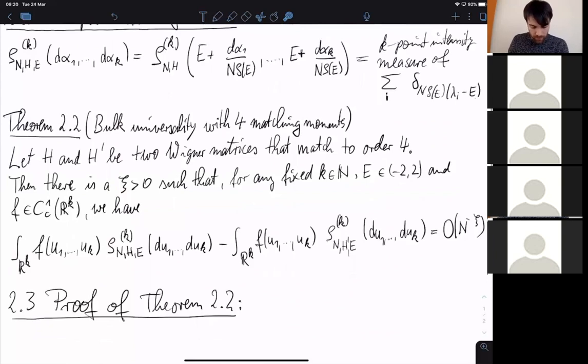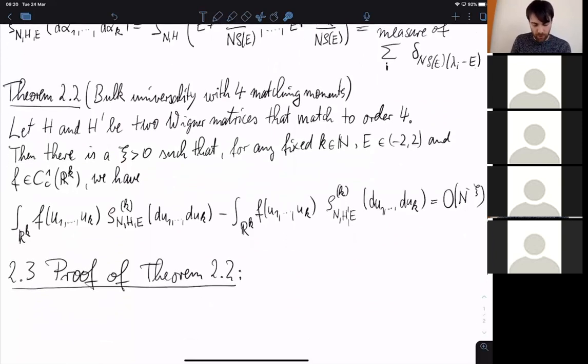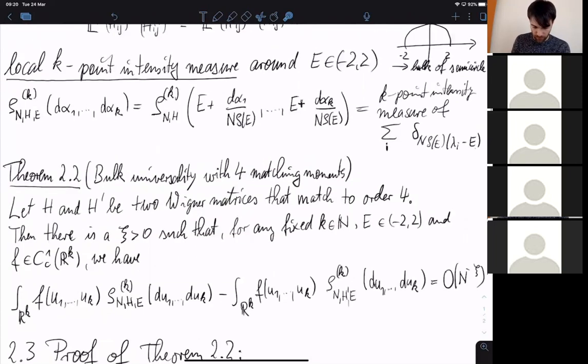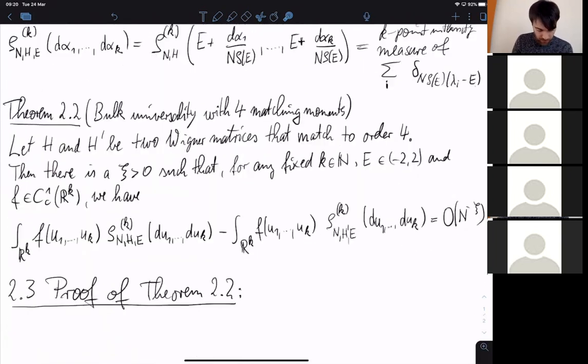The first main theorem of this lecture, which we want to prove, is Theorem 2.2, which proves bulk universality, because, as I said before, the fact that E lies between -2 and 2 means that we're in the bulk. It reads as follows.